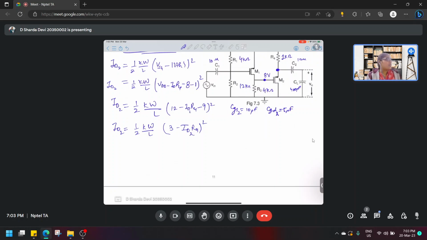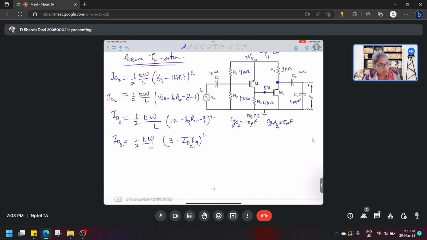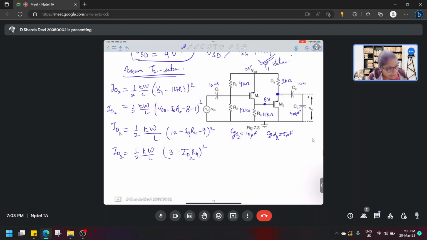So once we solve this ID2, we can find the value of this VSD, or we can replace ID2 as VDD minus VS2 or VSD2 by R4.